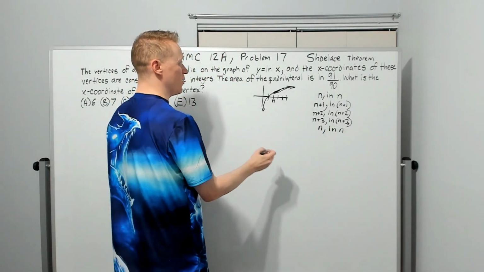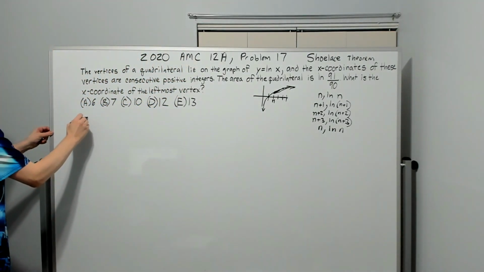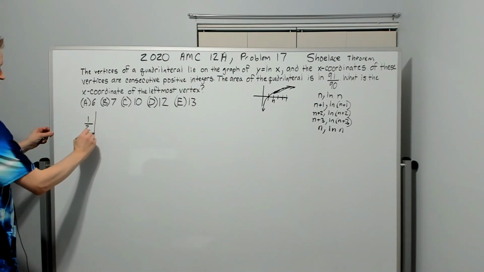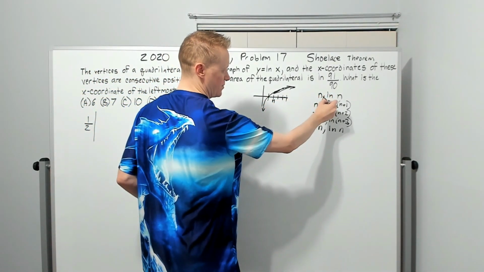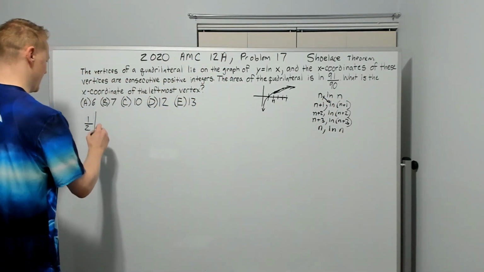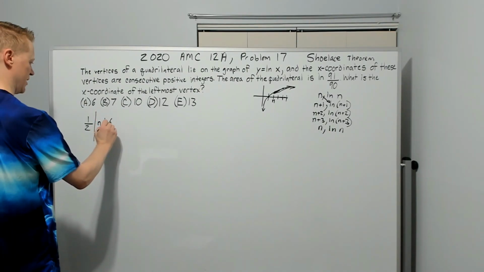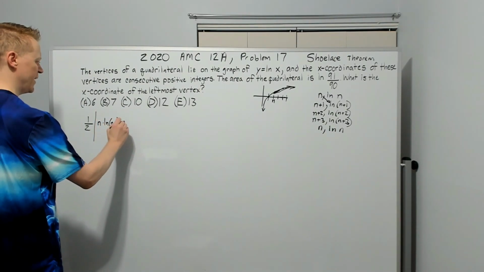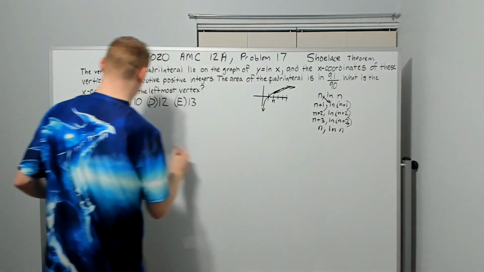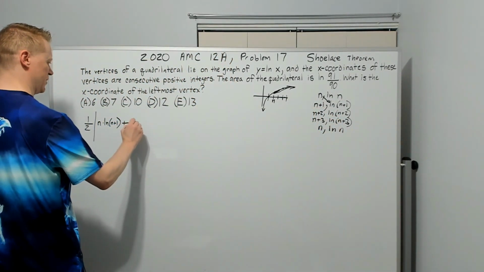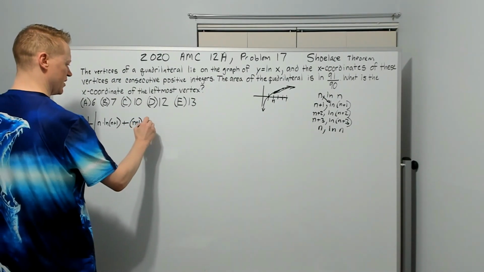Now, the area of it is going to be, I'm going to start over here, 1/2 the absolute value of, and I'm just going to go this way. It's n times this one, which is n times the natural log of n plus 1. And then it's plus n plus 1 times this, so I'm going to have n plus 1 times the natural log of n plus 2.